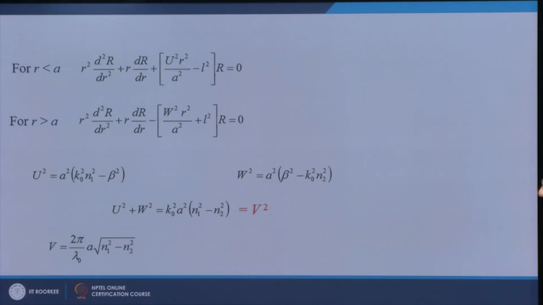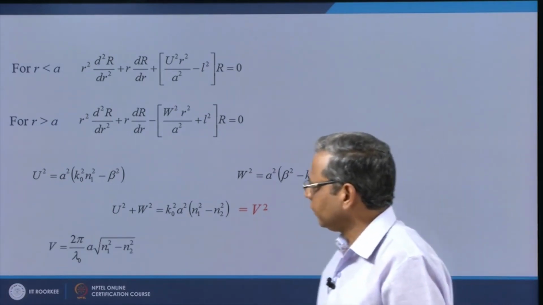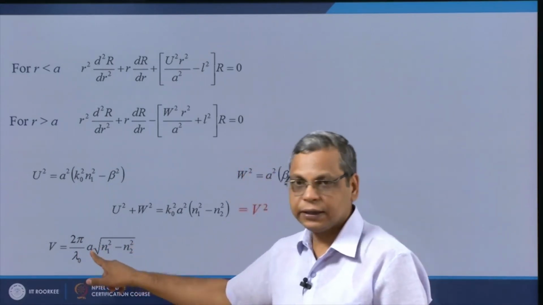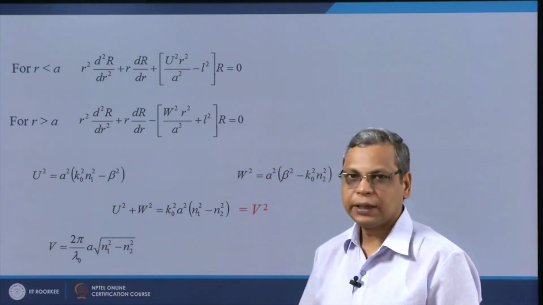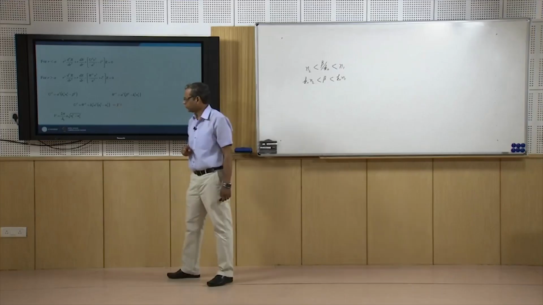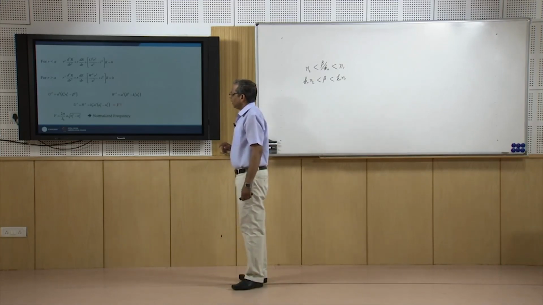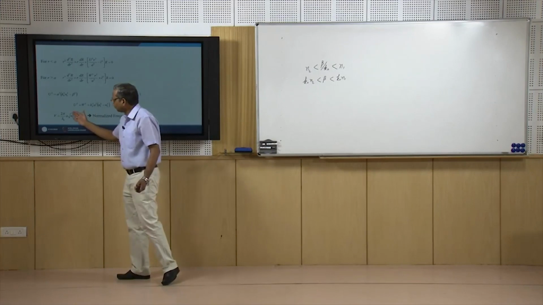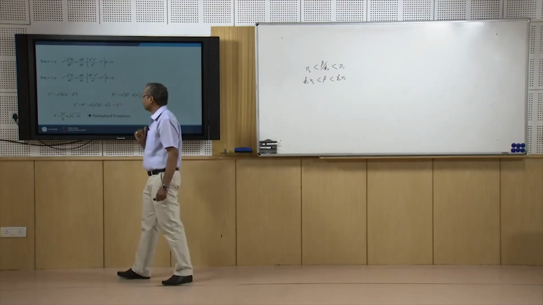In the case of optical fiber, V is equal to 2 pi over lambda naught times A, the radius, which is half the diameter, times the square root of n1 square minus n2 square. This is the normalized frequency, and again it contains all the fiber parameters and the wavelength.